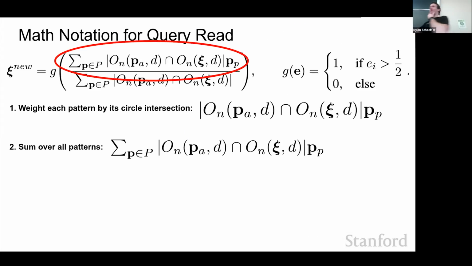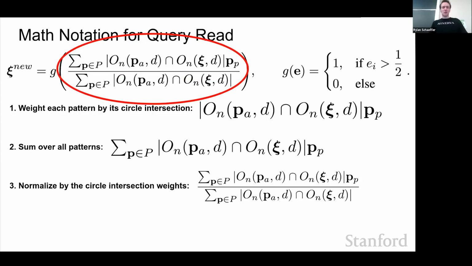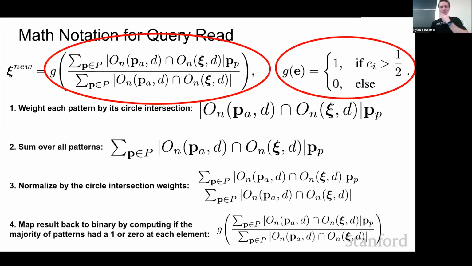Then you sum over all of the patterns that have been written into this space, so you're just doing a weighted summation of them. Then there's a normalization by the total number of intersections. And finally, because for now we're working in this binary space, you map back to binary, just seeing if the values are greater than a half.